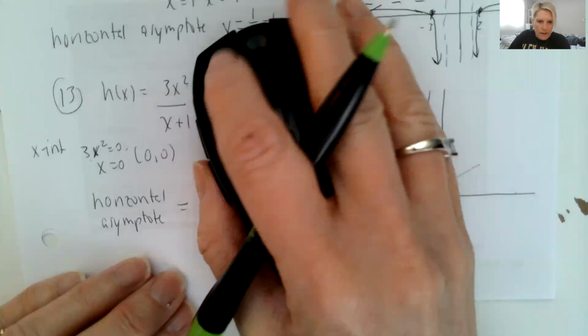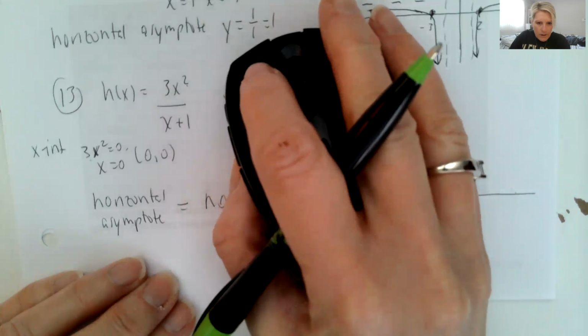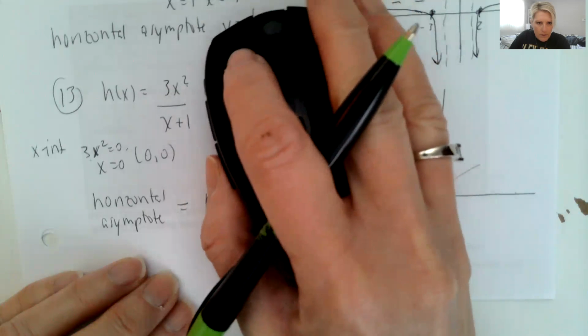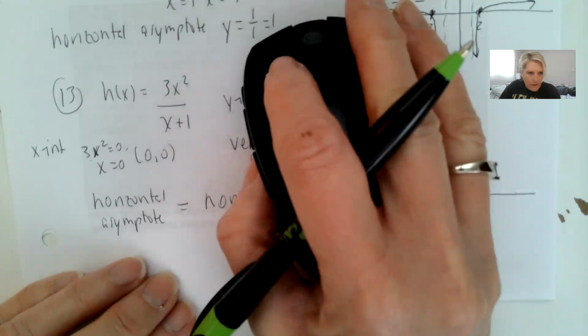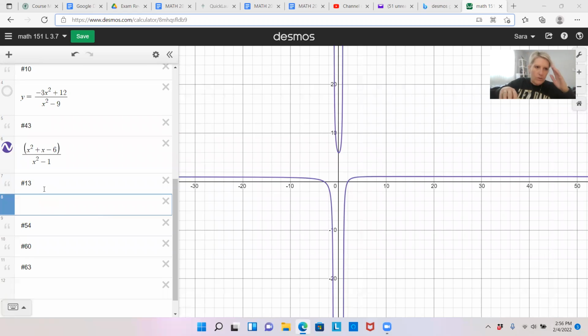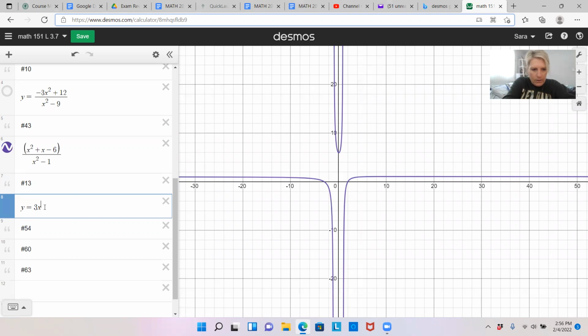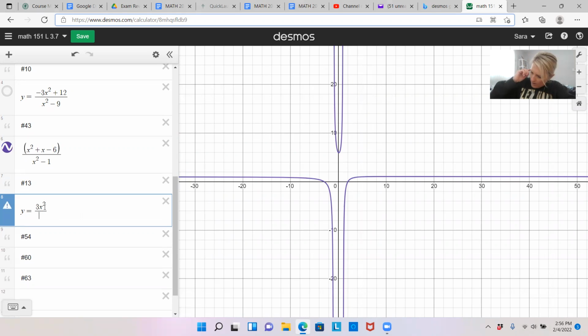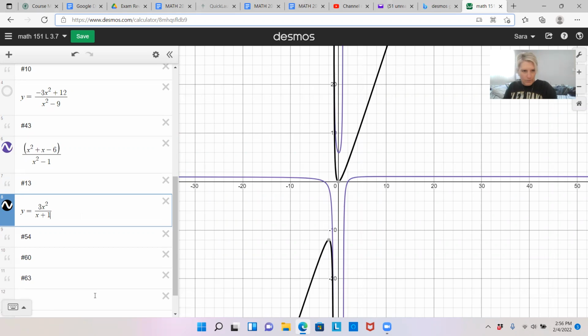But let's go ahead and check it out in decimals. We have y equals 3x squared over x plus 1.